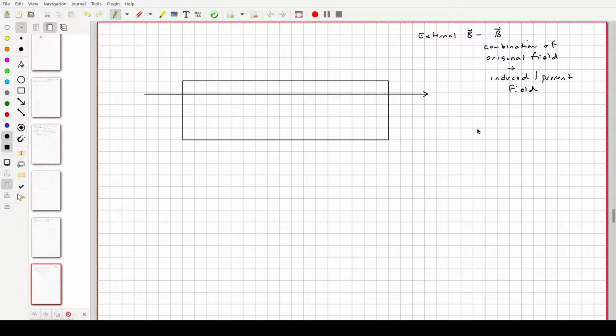Now we're going to have the original one. That's the one that you pass through. Its field strength would be whatever it is if the iron wasn't there. So we're going to call that B naught.